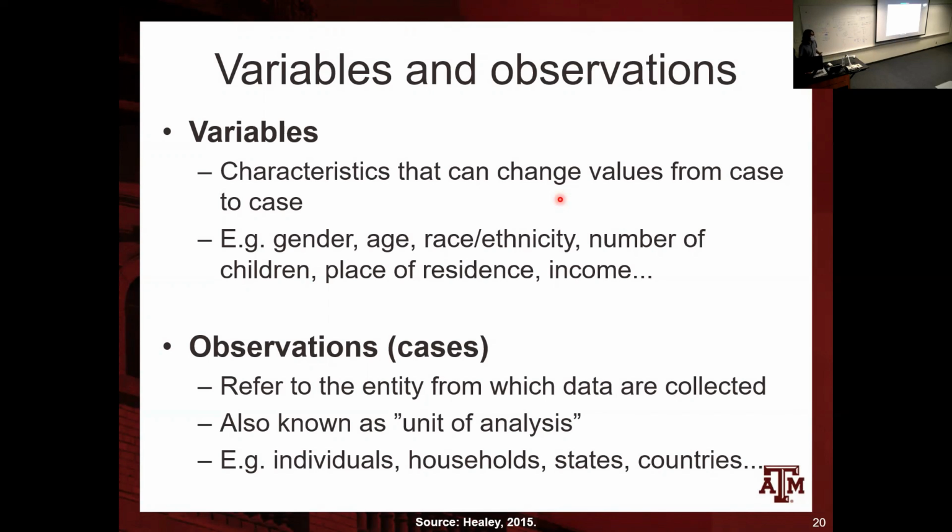Place of residence of parents, your income, and so on. So all this information, all these characteristics that I'm trying to get from each one of you, are called variables. And these variables vary across my cases. And these cases that I'm talking about in my example are you guys, students in SOCI 312.